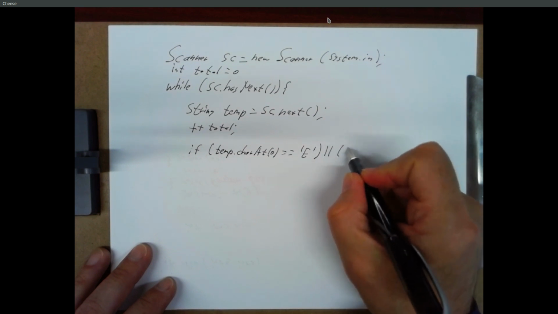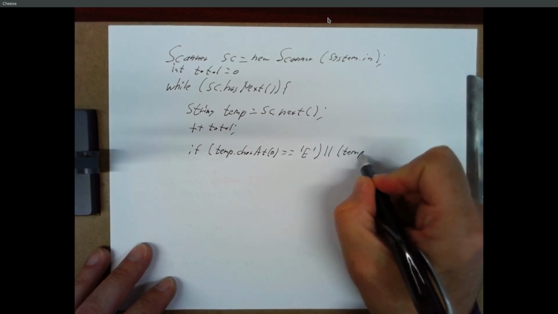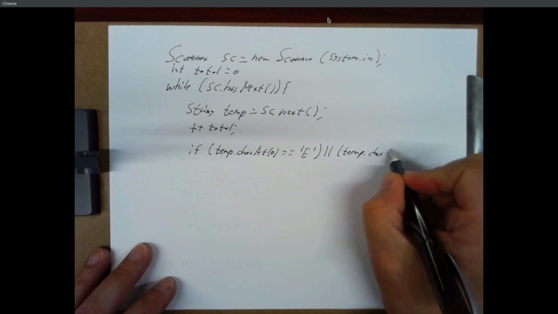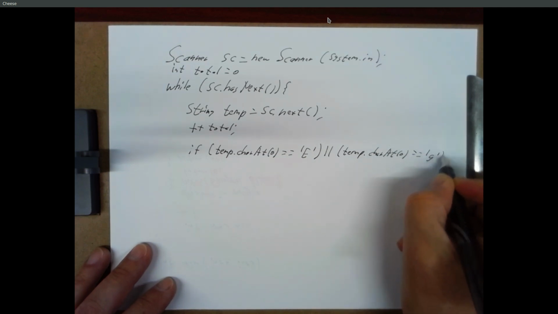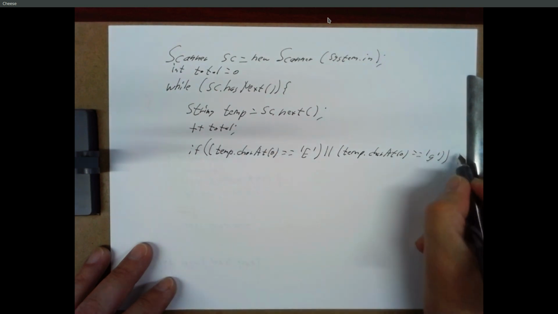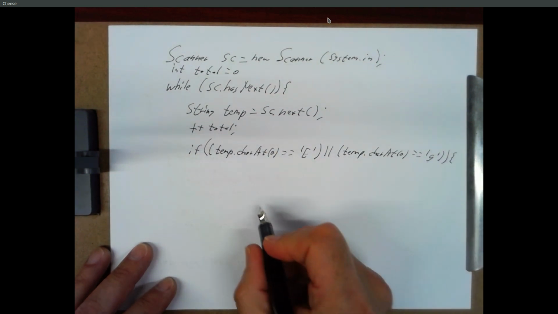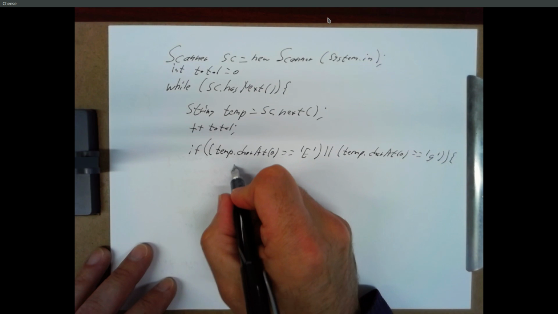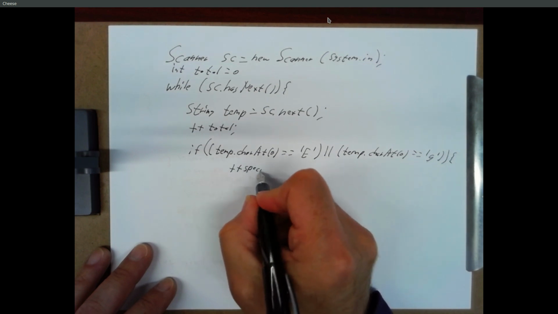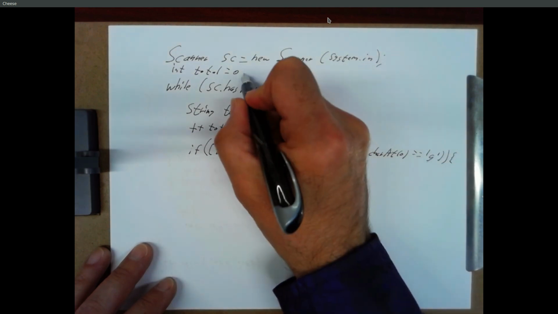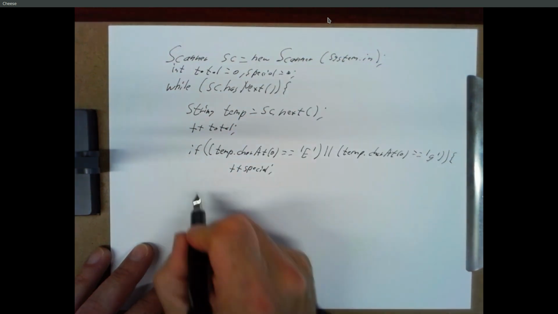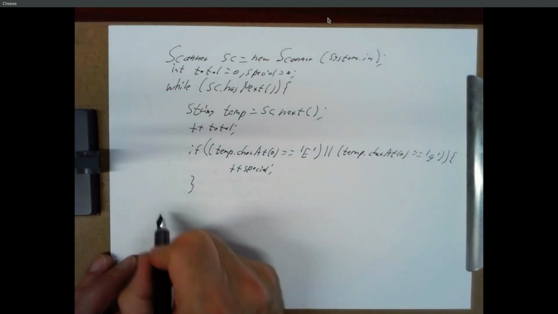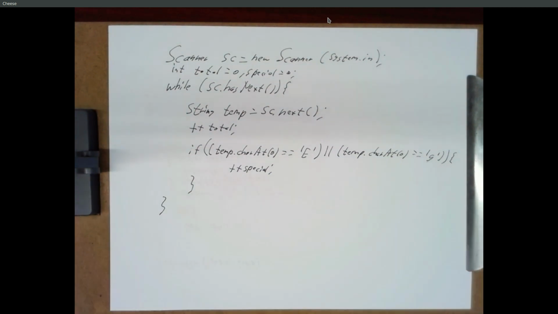Or temp.charAt(0) equals lowercase g. And so if those are true, increment special. So that's an int. And that's the end of your loop.